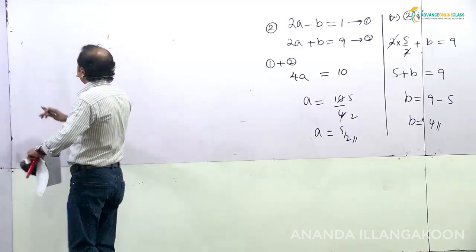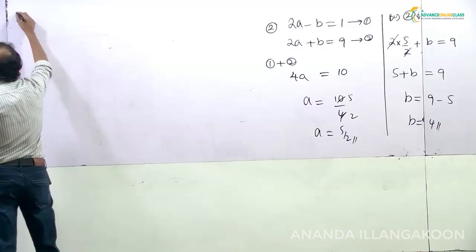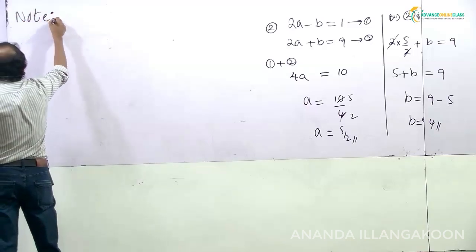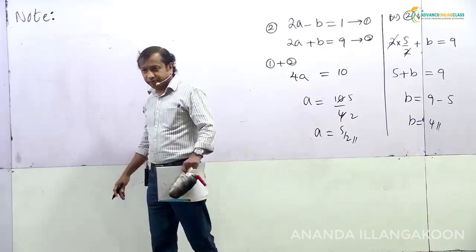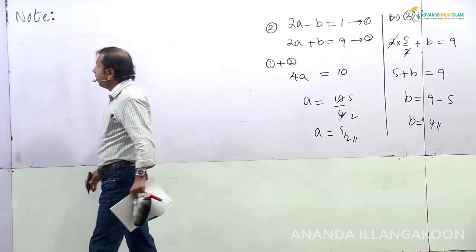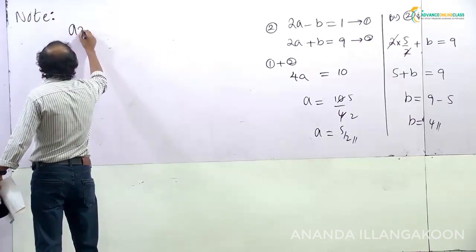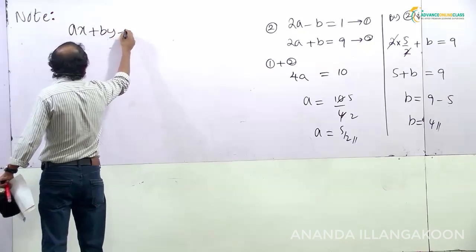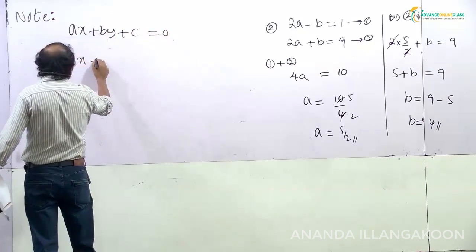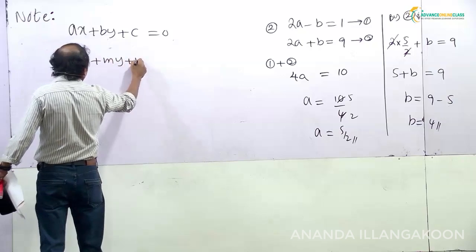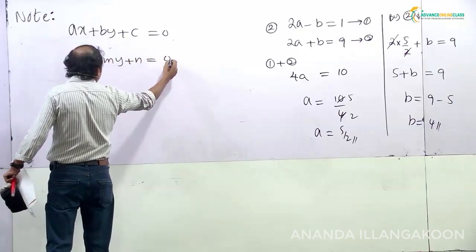Right. Write it as a note. Ax plus by plus c equals 0. First one. Lx plus my plus n equals 0. Second one.